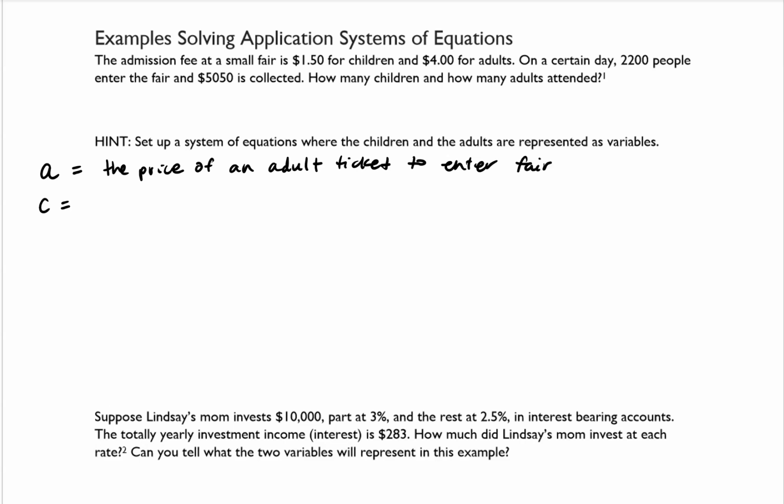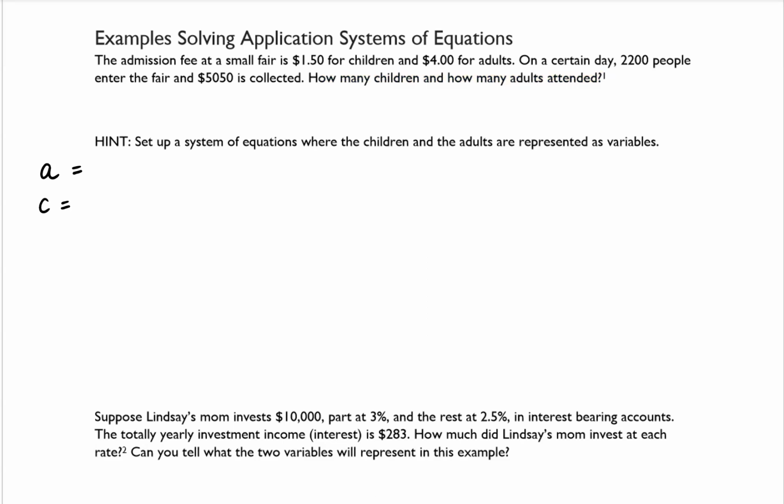Now that is not correct because we already know the price of a ticket for an adult to enter the fair, and that's $4. So again, this is really important for us to define our variables correctly. Now, what is it that we're trying to solve for? We want to know how many children and how many adults attended the fair.